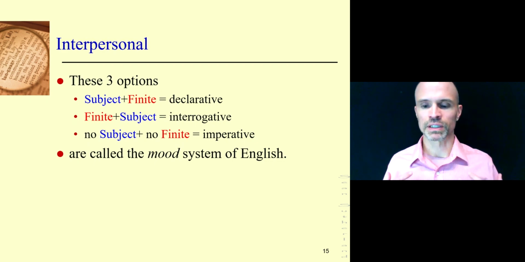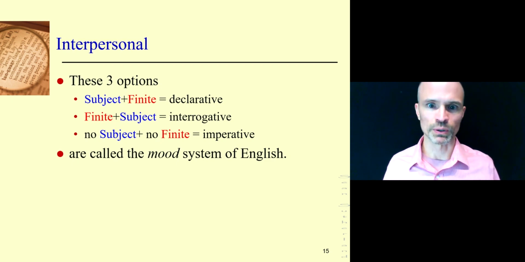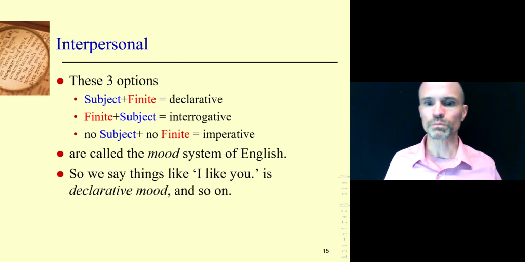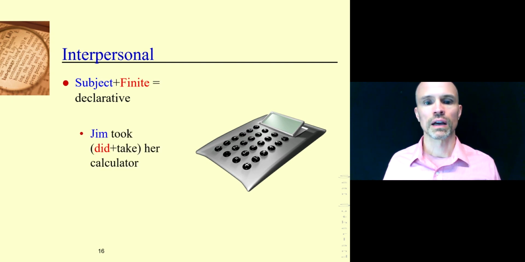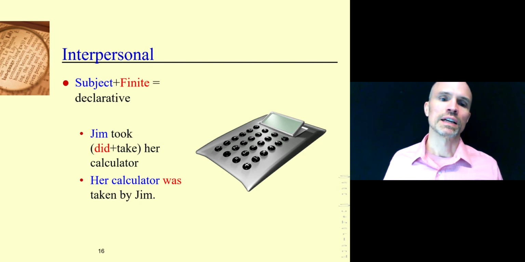When I want to use language to talk to you, my three options in English grammar are to use the declarative mood, the interrogative mood, or the imperative mood. "I like you" is declarative mood. So you have the subject finite pattern for declaratives.